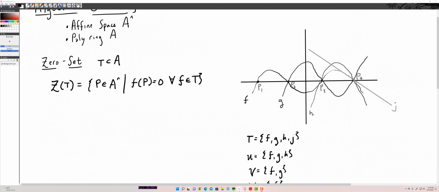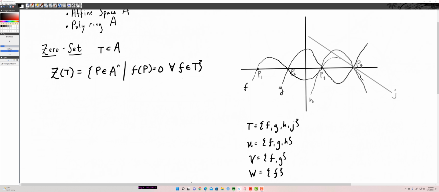The first important idea of algebraic geometry is the zero set. We take a set T of the ring A, and we try to establish a set of points in the affine space where all the functions in T are 0.